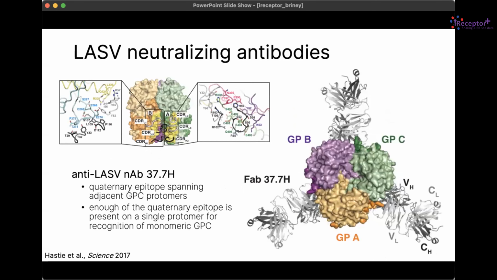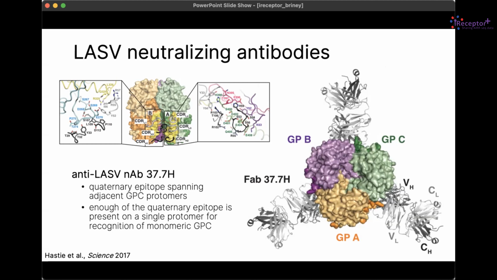So one interesting antibody from this study is named 37.7H, and it's really kind of cool because it binds to Lassa in a way that's somewhat unique. It binds at the interface between 2 protomers, and about half of the epitope is on each of the protomers, which is why we would need both GP1 and GP2 present, because the epitope spans GP1 and GP2, and it also spans 2 protomers.